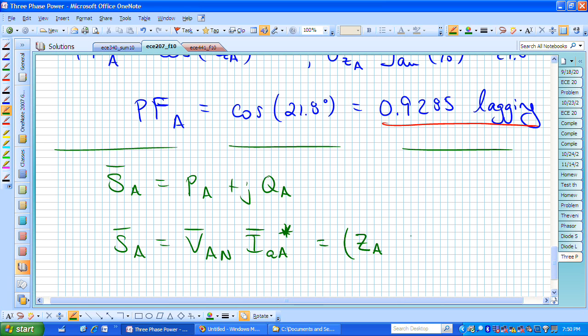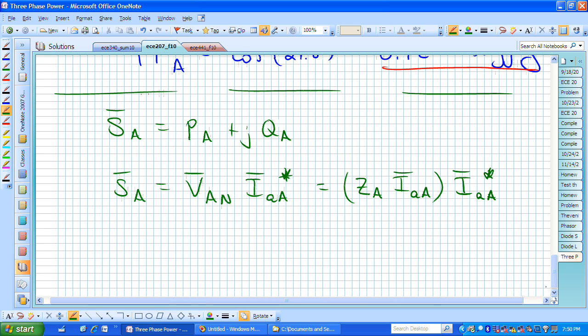V sub A n would just be the impedance of the A phase times the current through the A phase, which is I sub AA, and that's now times the conjugate of that A phase line current.